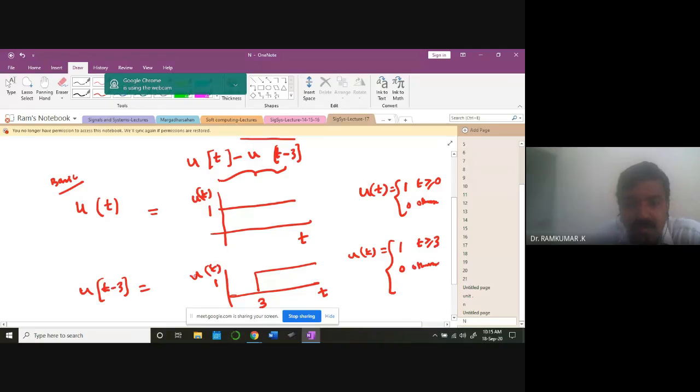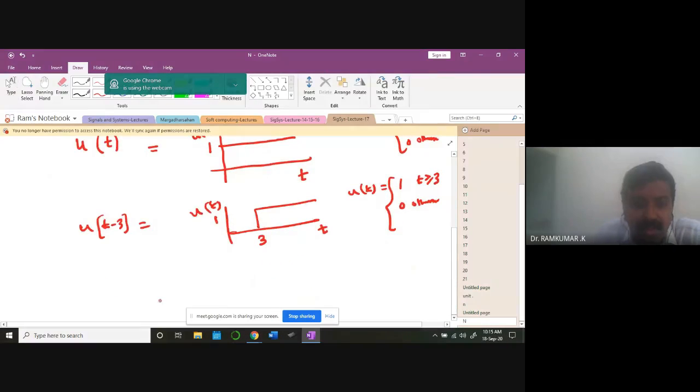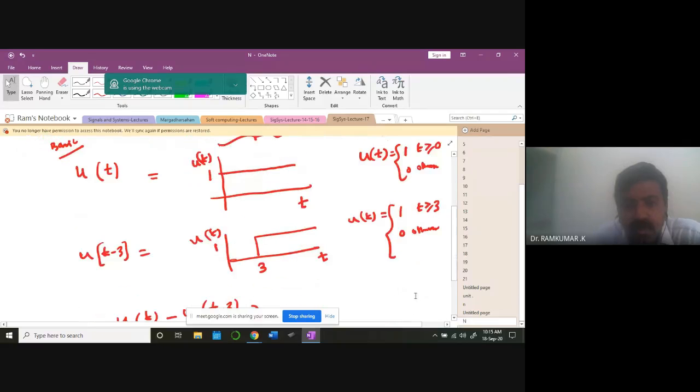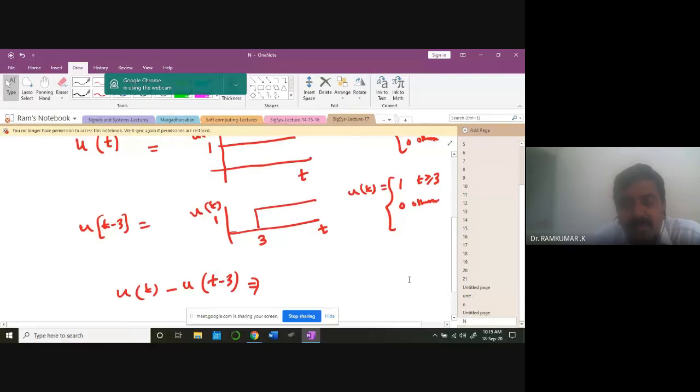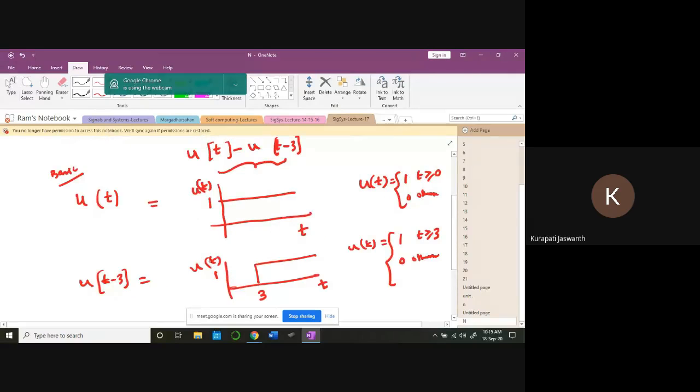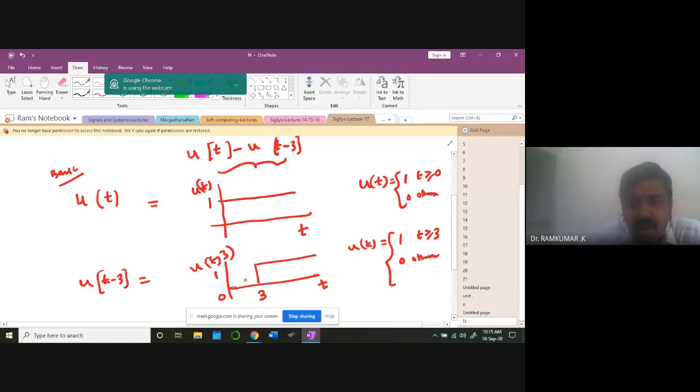So that is this signal. Now when I take these two signals, U of t minus U of t minus 3, what do I get? Can you imagine that? What signal do I get? Can you subtract this from this? Sir, it's in the shape of a rectangle starting from 0 to 3. Yeah, that's all. You have to understand that.